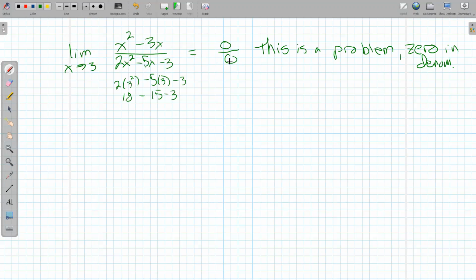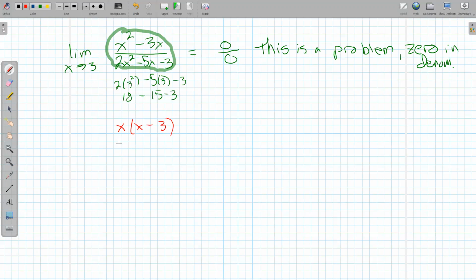So when you get 0 over 0, the next thing to say is, okay, we can either look at this numerically, or we could apply a little algebraic jiggery-pokery. So I'm going to attempt a little algebra by saying, hey, maybe this factors. The numerator factors as x times x minus 3.